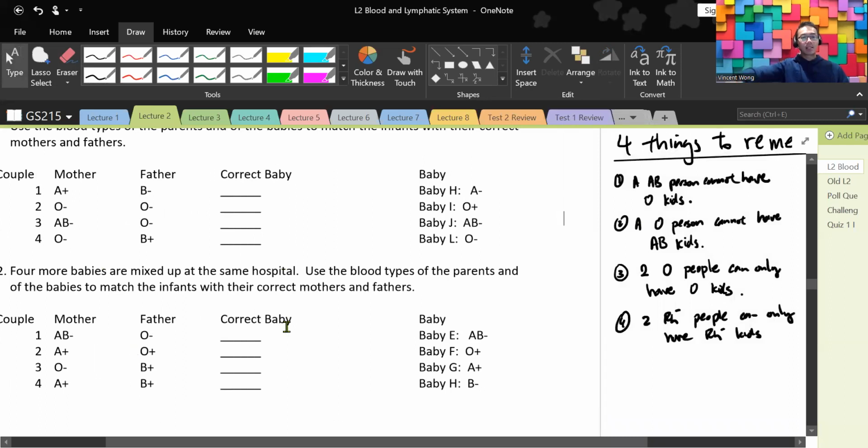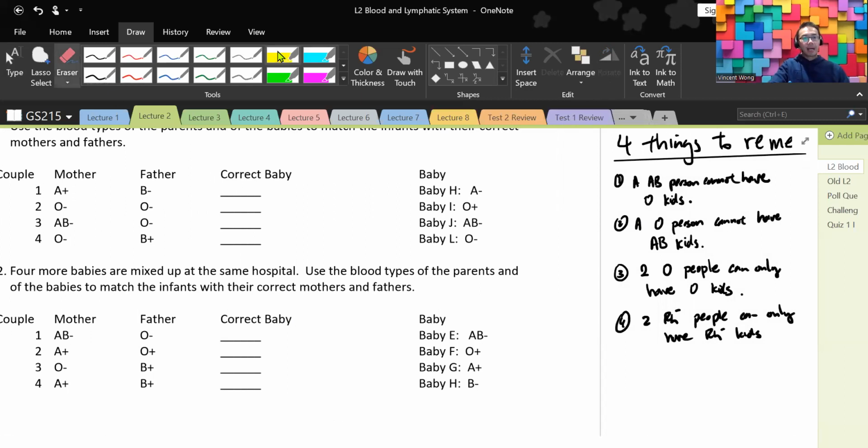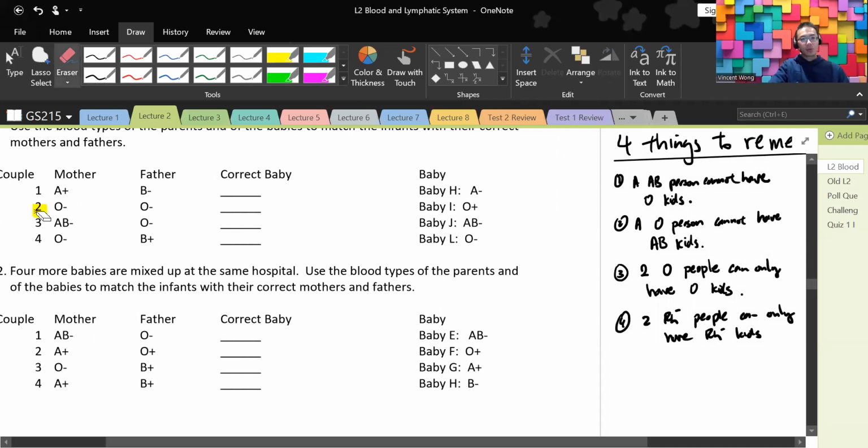So let's take a look at this situation here. We want to start with people who have type O blood or type AB blood. Couple number two is a good couple to start with. First of all, they are both type O, so anybody that's not O will not be their baby. Remember, type O can only have type O kids.